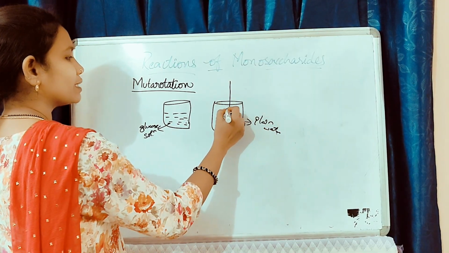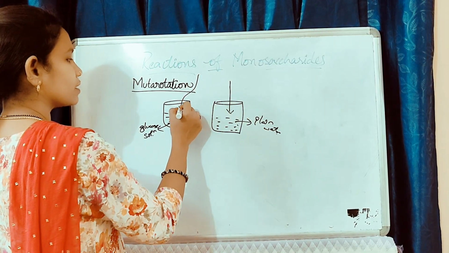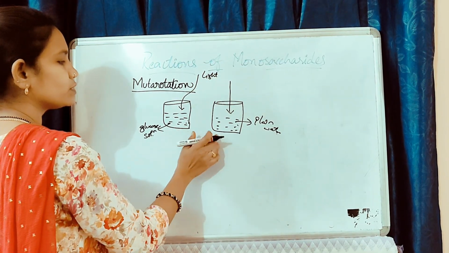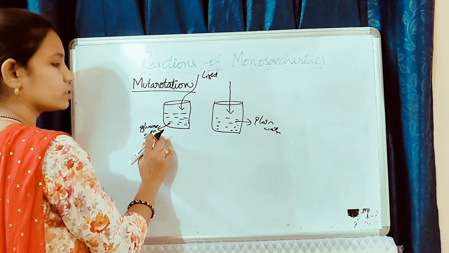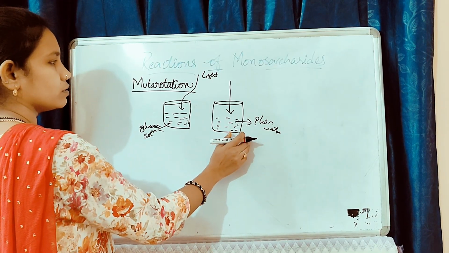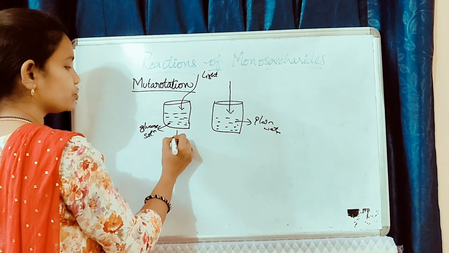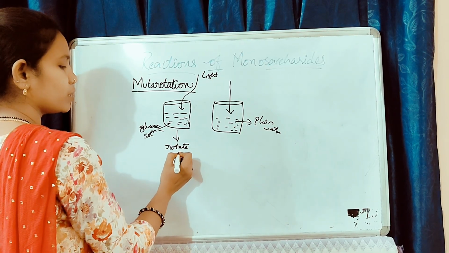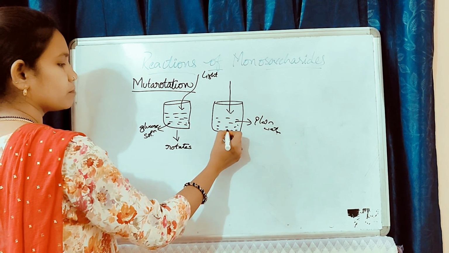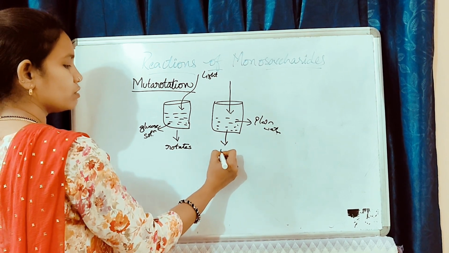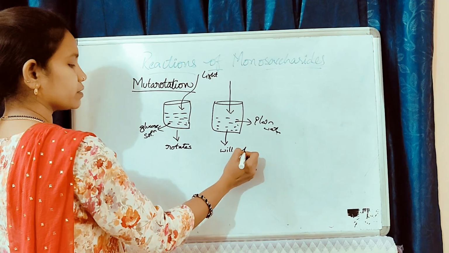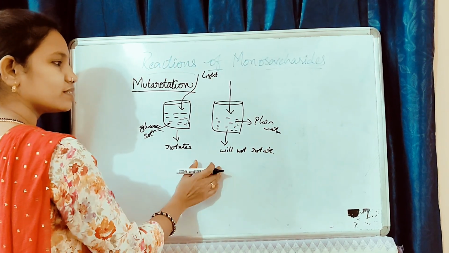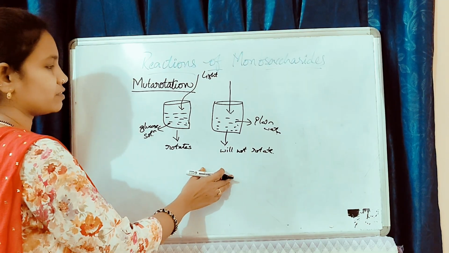When the light is allowed to pass through both the glucose solution and the plain water, the glucose solution will rotate the plane of polarized light, but plain water will not rotate. So this is nothing but the optical rotation, right?